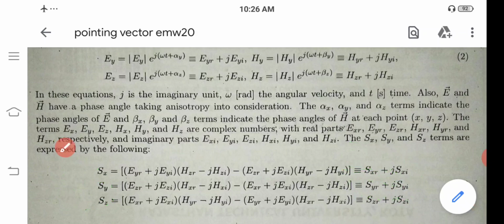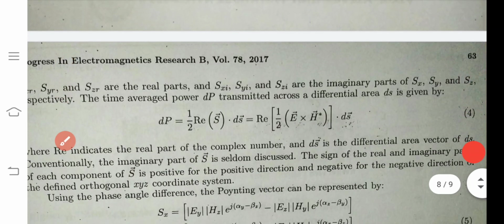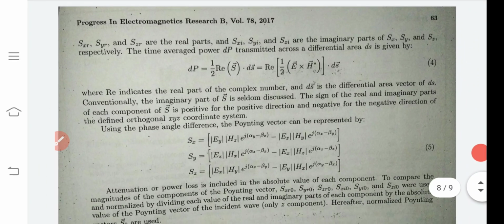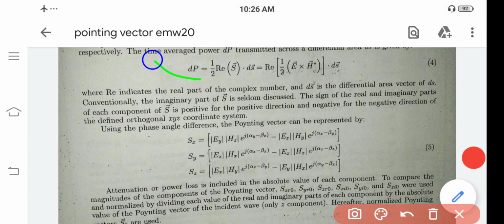Sxr, Syr and Szr are the real parts, and Sxi, Syi and Szi are the imaginary parts of Sx, Sy, Sz respectively. The time averaged power dP transmitted across a differential area ds is given as follows.